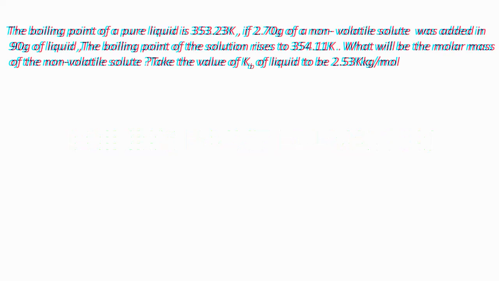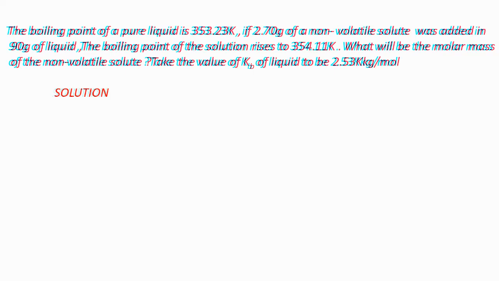If 2.70 gram of a non-volatile solid was added in 90 gram of liquid, the boiling point of the solution rises to 354.11 Kelvin. What will be the molar mass of the non-volatile solid? Take the value of Kb of liquid to be 2.53 Kelvin kilogram per mole.